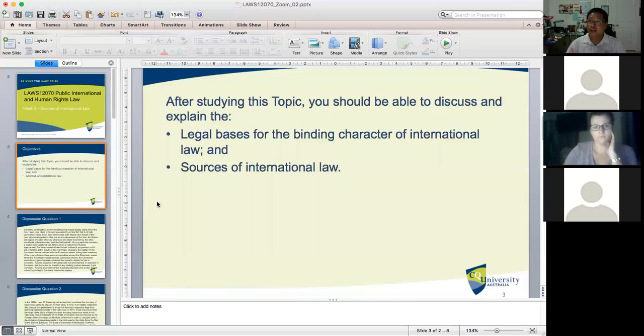Because in the absence of a law on which a decision can be made, how is an international tribunal meant to decide, whether it's the International Court of Justice or some other international tribunal, which can be created by the parties on the basis, for example, of a treaty provision? How else can an international tribunal make a decision if it doesn't know what law to apply?